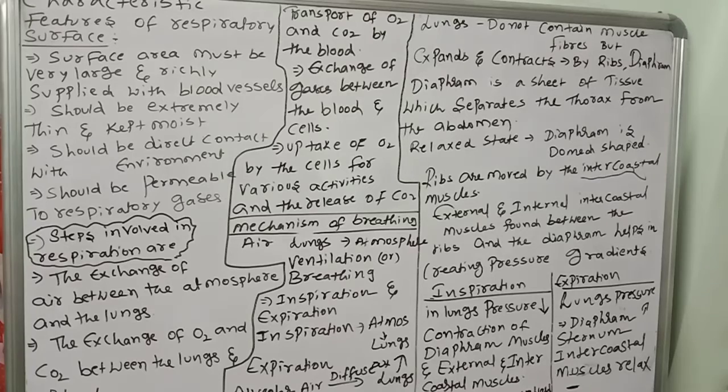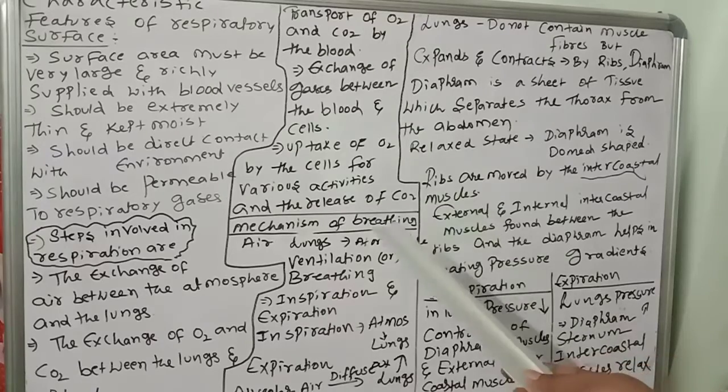But in expiration, everything returns to normal position: the diaphragm, the ribs and the sternum all relax. Then the pressure will increase in the lungs due to the smaller pulmonary cavity, and automatically the air will be expelled out. So these are the main and important mechanisms behind inspiration and expiration.